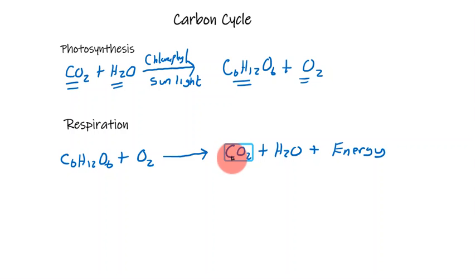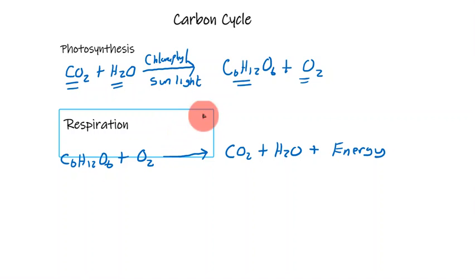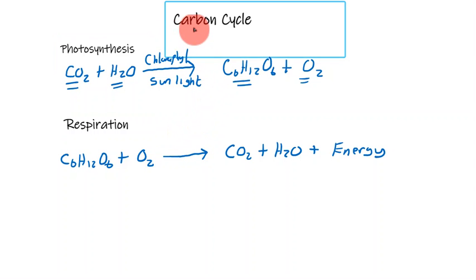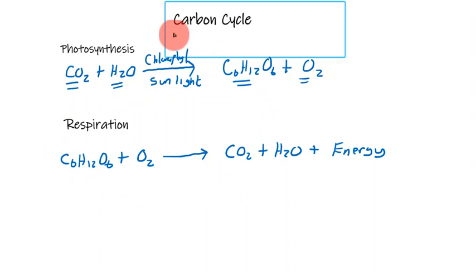It goes back into the environment as CO2, and then this cycle can continue. So this is a major component in the carbon cycle. Essentially, we're talking about the element carbon getting transferred around in nature through photosynthesis and respiration. These are two of the ways that carbon is cycled through the environment.